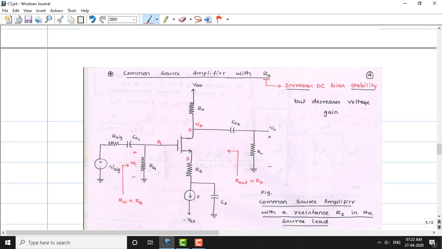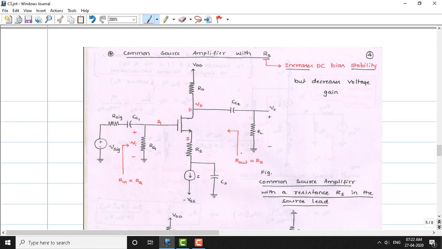Now, so far we have discussed the output resistance without connecting any resistance at the source terminal; it was grounded. But now we have another circuit whose working principle we will see. The title of this circuit is common source amplifier with Rs. Previously we saw the common source amplifier without Rs, which means Rs is a short circuit.